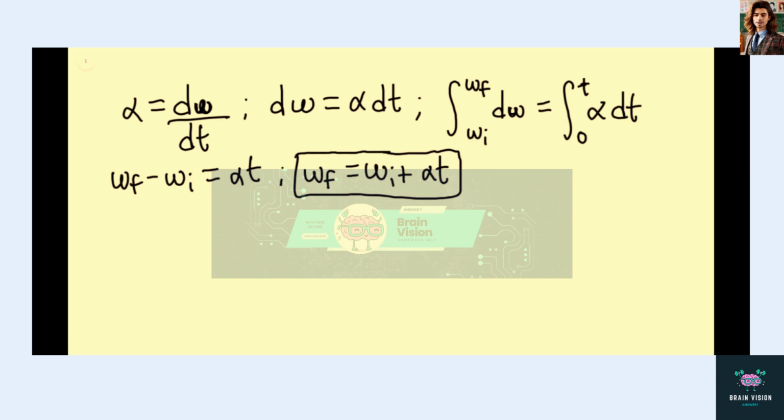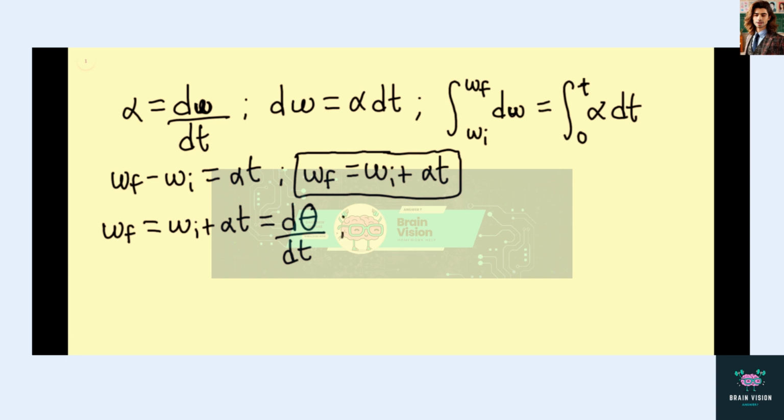Now, furthermore, we know that omega final would be equal to omega initial plus alpha t. So just rewrite this. However, this is going to equal the change in angular displacement with respect to time, according to the definition of angular velocity.